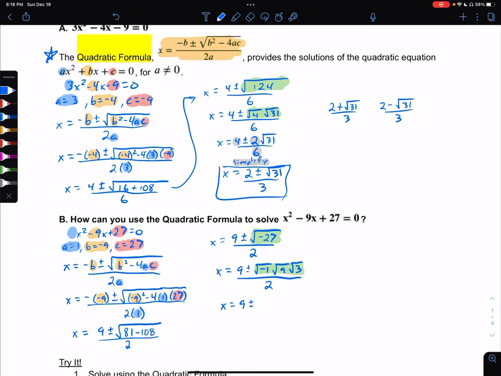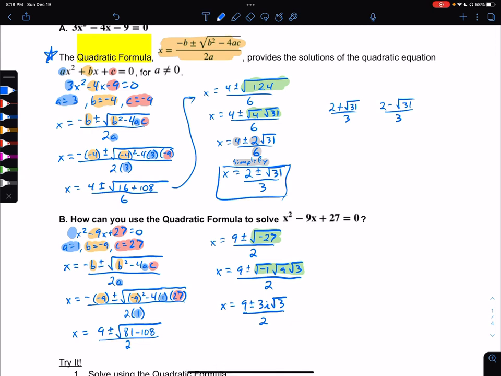So the -1, remember square root of -1 is i. The square root of 9 is 3, so we're going to write the 3 outside, and radical 3 stays. Let me rewrite that a bit neater. So this would be 9 plus or minus 3i radical 3 over 2.